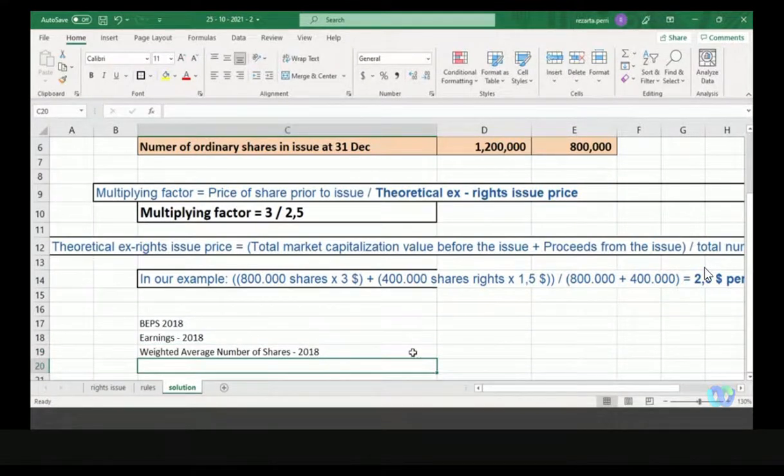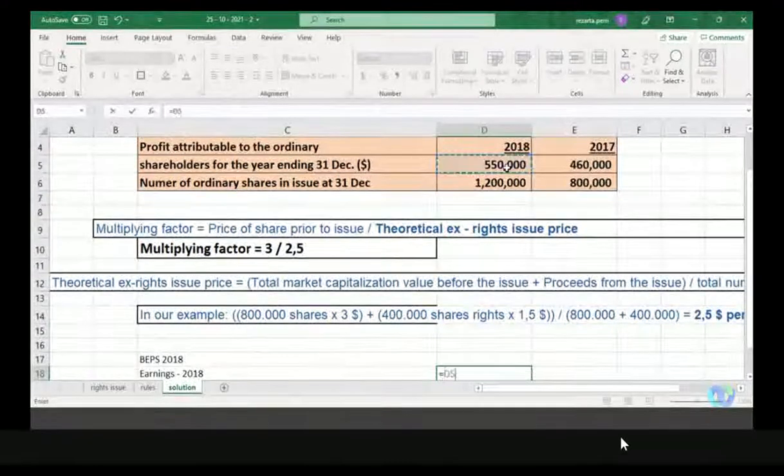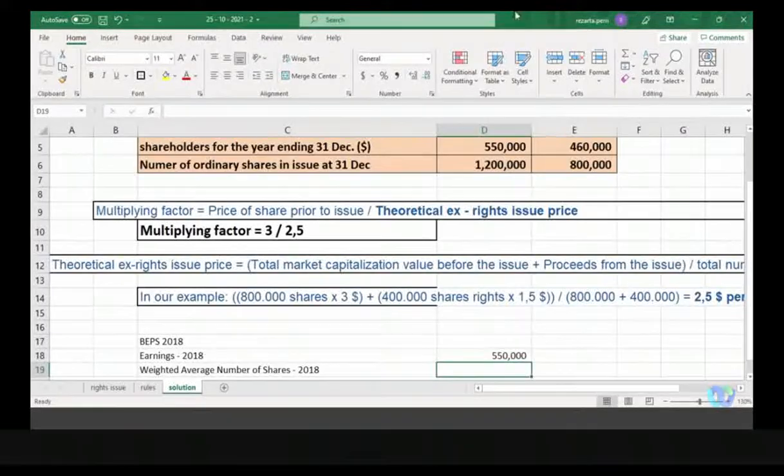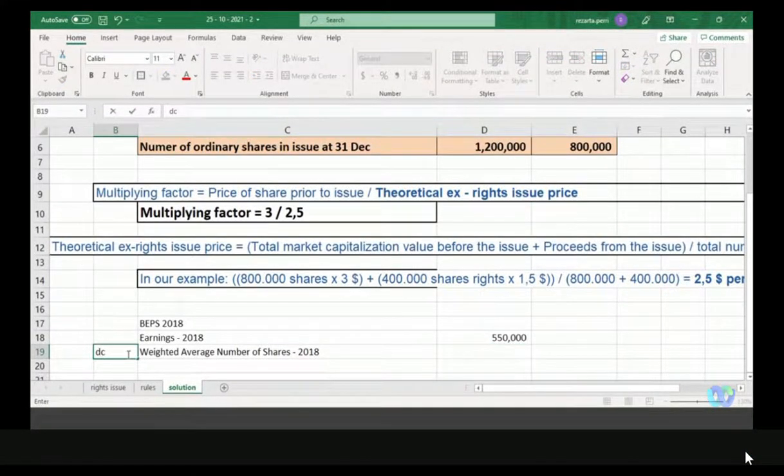Okay, so what do we have from this data that is required? The earnings in 2018 is over here, 550,000. It's easily available. I just put that in the right place to make the calculations, divided by the weighted average number of shares.